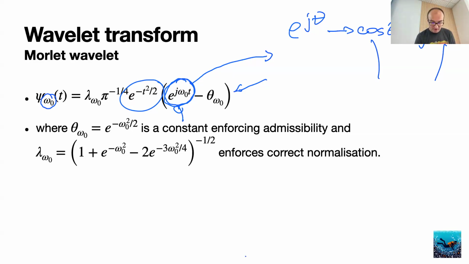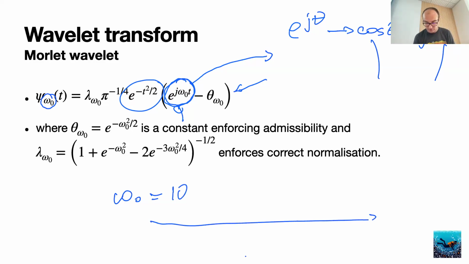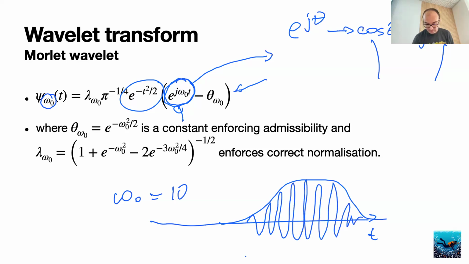So if we have omega equal to 10, I'm going to draw it like this, and this is the sombrero, and then we have a 10 hertz signal going like this. And if this omega is 1, it will be like this. So we can actually set how many oscillations will be in our wavelet.